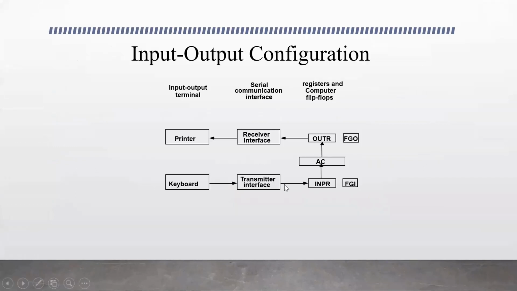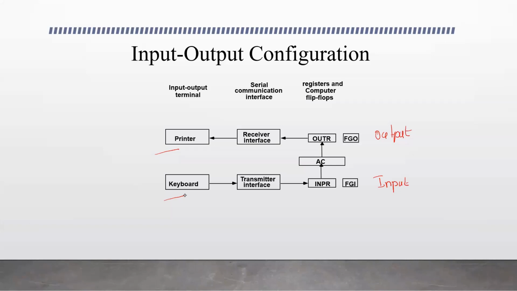So to understand this, let's see the configuration of input-output devices. Here we have the input-output terminal. The output terminal is the printer and the input terminal is the keyboard, through which the computer takes the input.